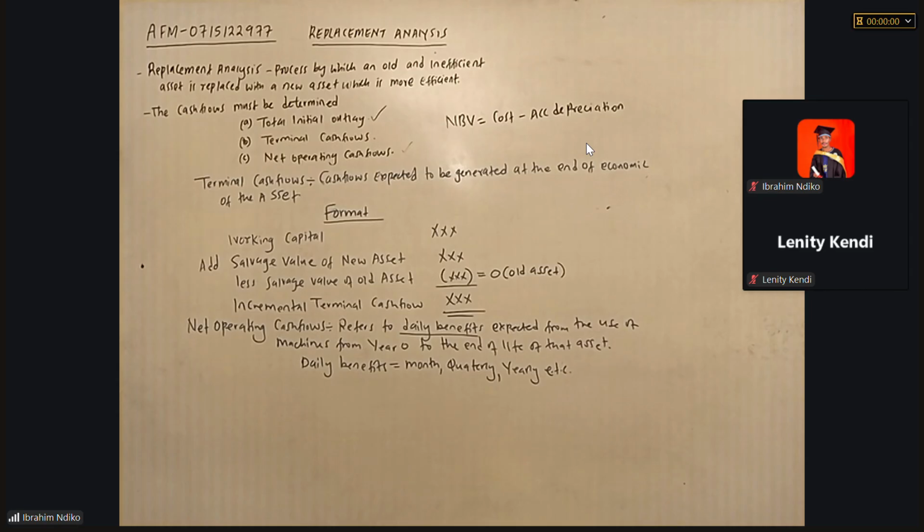That benefit that we expect from the use of that machine is what we call the net operating cash flow.